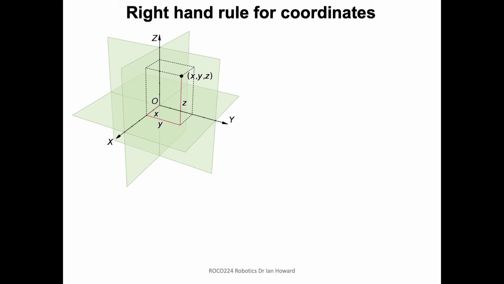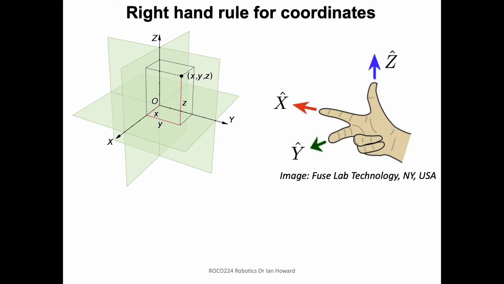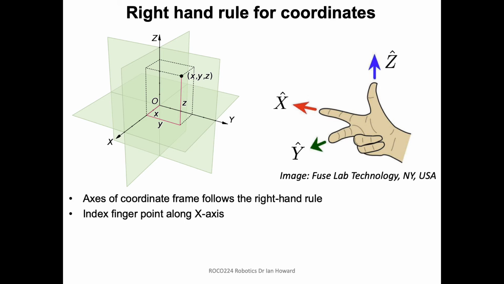Importantly, when we're drawing our coordinate frames, we should make sure that they obey the right-hand rule, so that when we draw it in another location or orientation, we haven't accidentally flipped an axis. The way we do this is to use the right-hand rule, where we represent the x-axis with our index finger direction. 90 degrees from that, the middle finger points along the y-axis, and the z-axis is represented by the direction of the thumb.